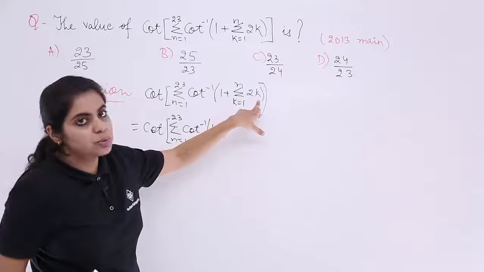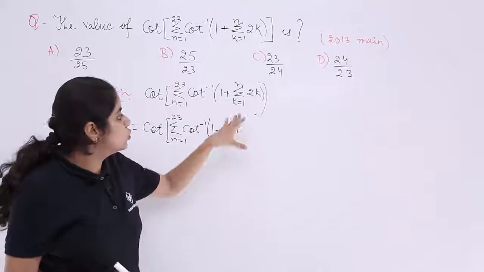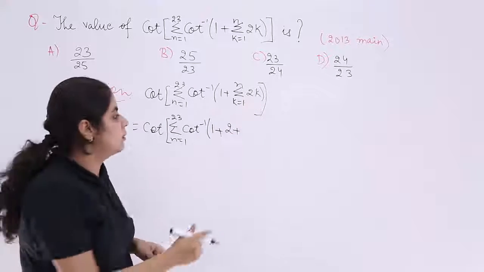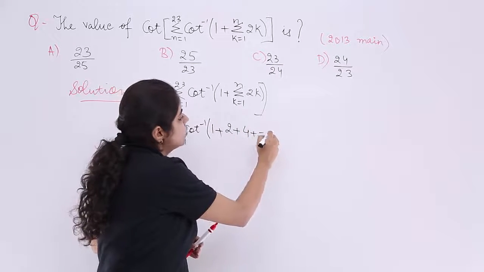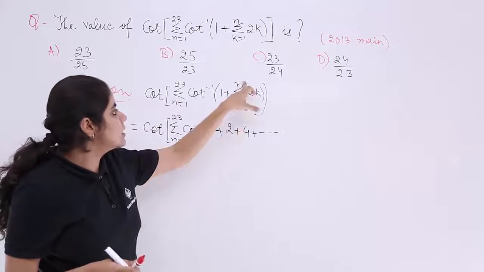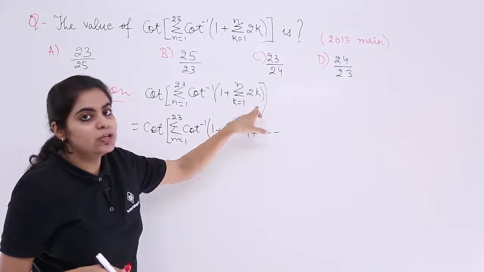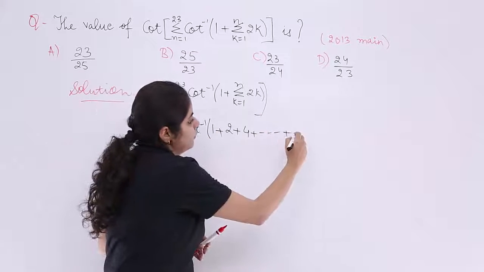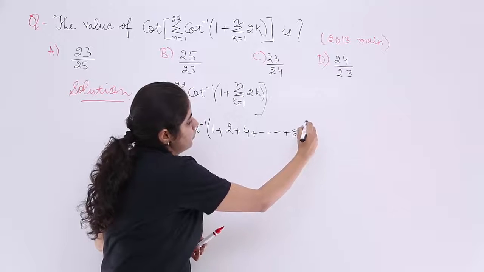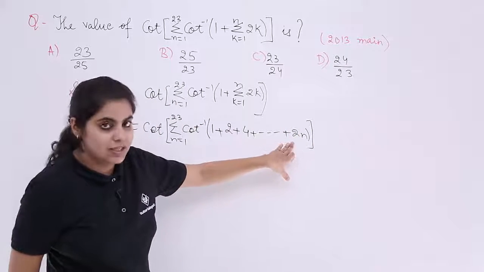When k is equal to 1, 2 into 1 is 2. When k is equal to 2, 2 into 2 is 4, and so on up till when? Up till the last is when it is equal to n. So, when it is equal to n, 2 into n is 2n. Closing the bracket.